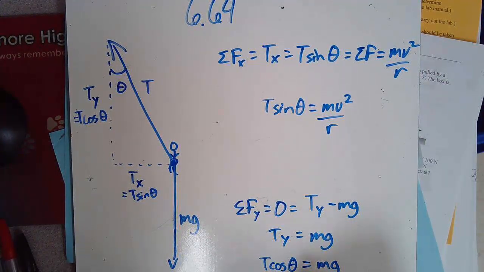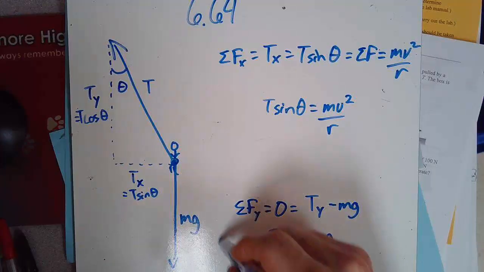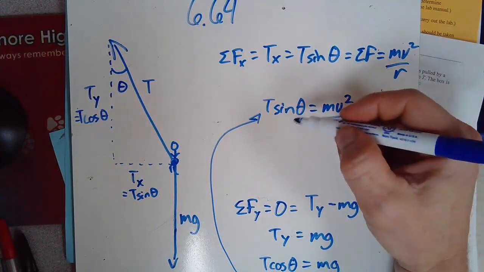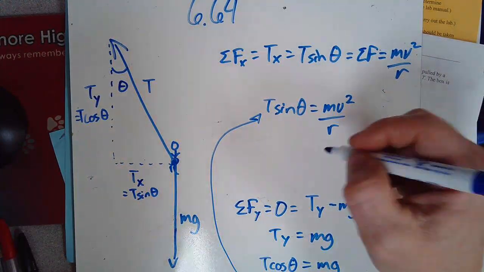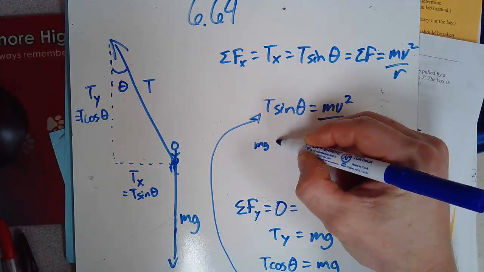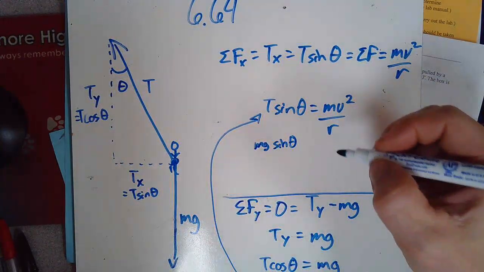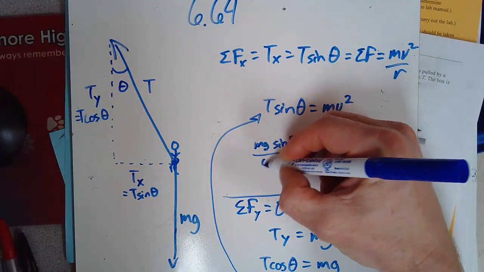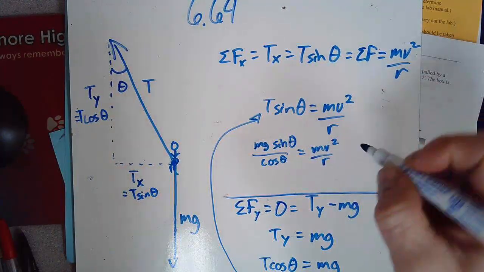So T equals mg divided by cosine of theta. I can stick that in place of T up here. When I do that, I'll get mg sine theta over cosine of theta equals mv squared over r.